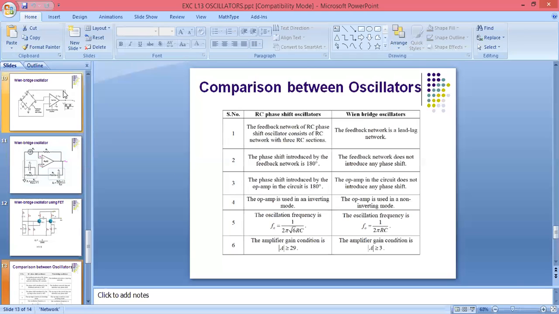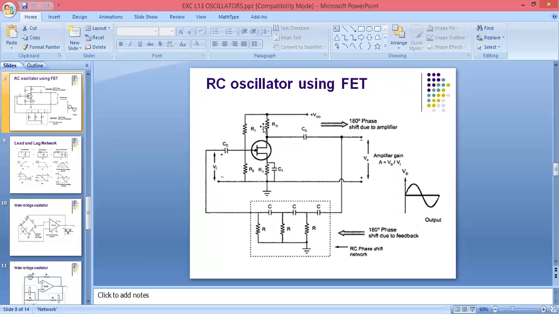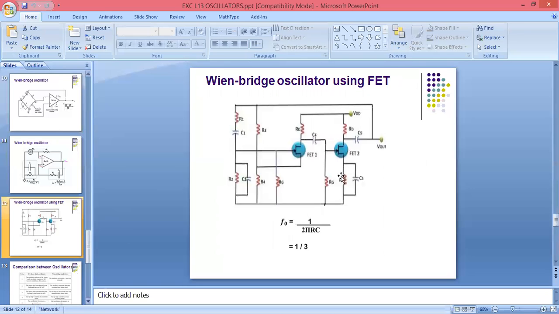Now, the op-amp that we were using here, this is the amplifier, the RC phase shift amplifier. So what we can say here is the RC phase shift amplifier will give a 180-degree phase shift. And how much does this RC oscillator give us here?